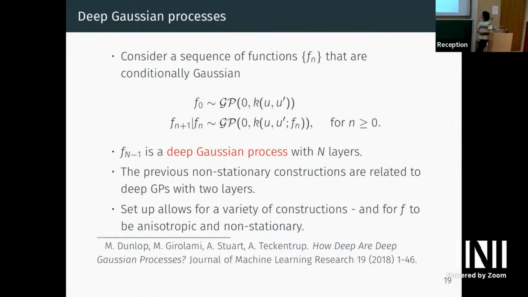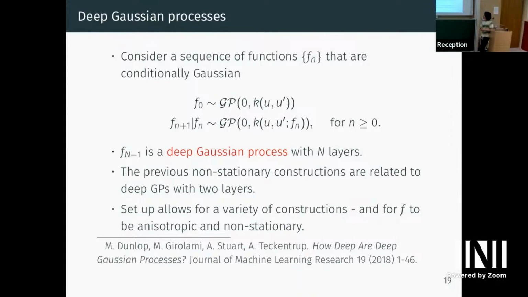So the issue that we had is that we've got these non-stationary kernels with these non-stationary functions in W, lambda, M, etc. That's all well and good, but as Sebastian was saying earlier, it's not clear how we should pick these lambdas, how we should pick these W's.